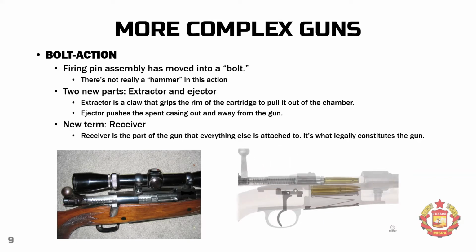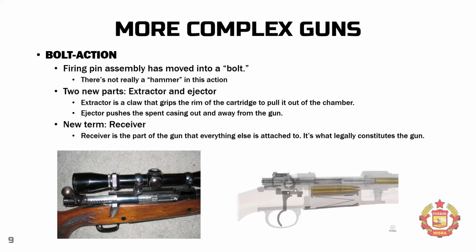It also usually is under spring tension or some kind of tension. The ejector pushes the spent casing out and away from the gun. These work in tandem, kind of, like a leveraging mechanism. So the ejector on some guns is literally just a metal piece that sticks out on the opposite side of the extractor, and so it kind of flings it backwards.